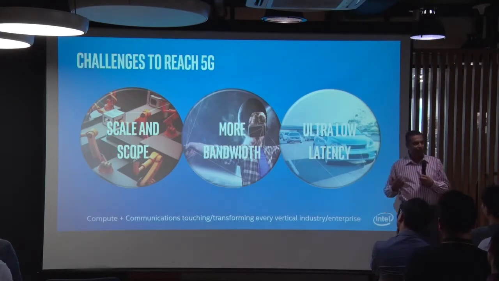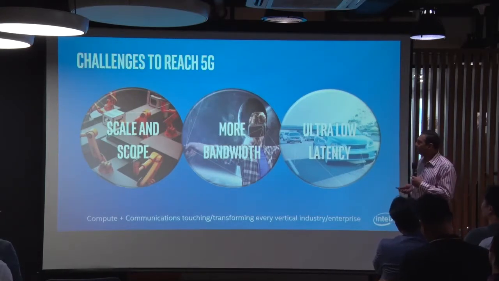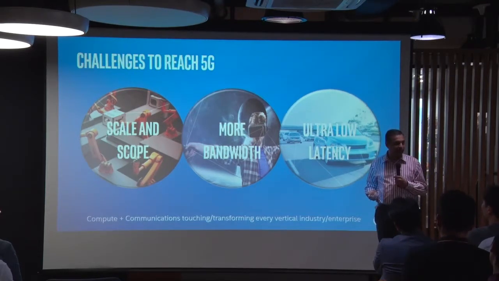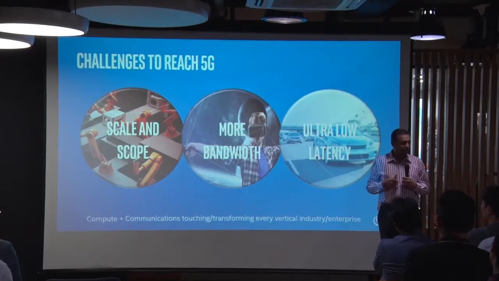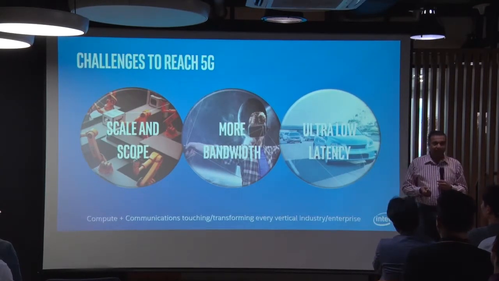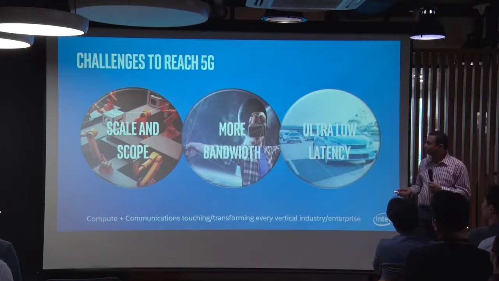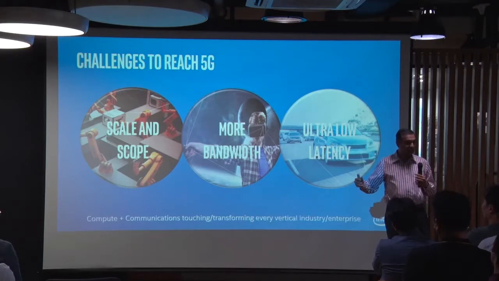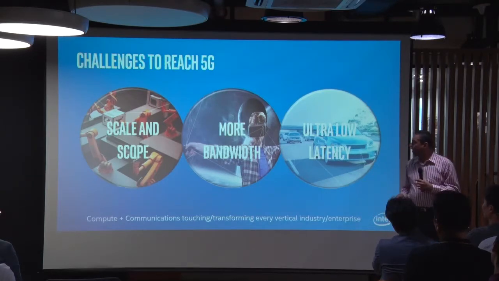That gives a perspective of the kind of low latency it will need to be able to react to the work they need to do. So the scale and scope is a big challenge compared to what the industry and the world have done so far in terms of networks. The scale itself is vastly different and pretty big.